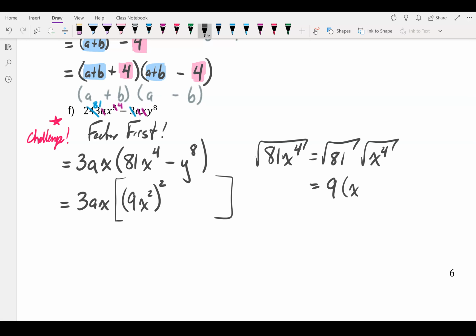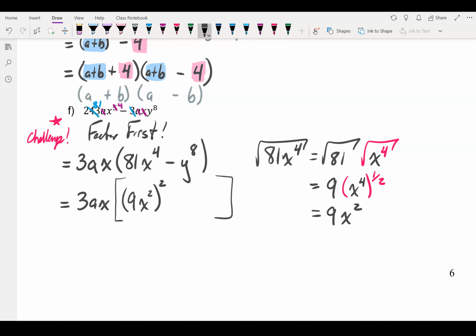In other words, this is x to the power 4 to the power of 1/2, because in case you're not sure, square root and the power of 1/2 mean the same thing. And that is 9x to the power of 2. Okay, that was a long-winded way to show you why that came to be.